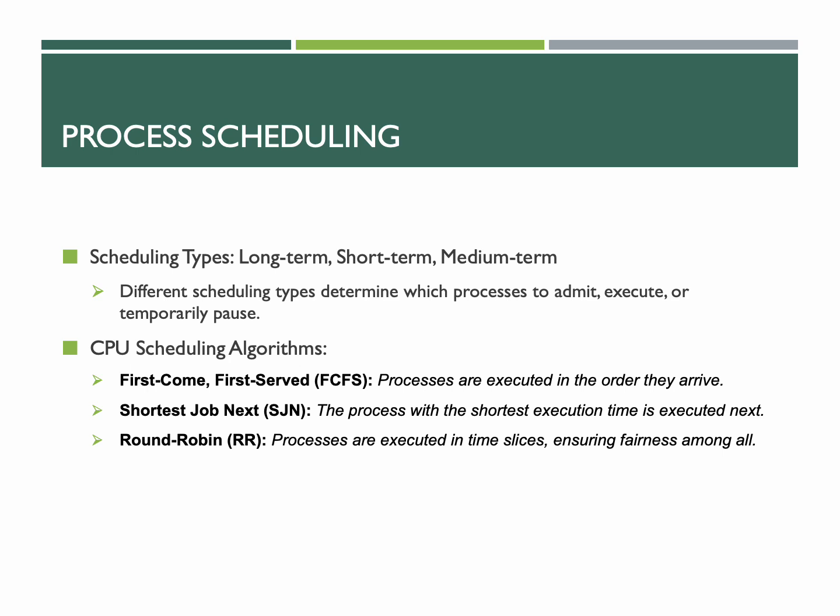Then we have short-term scheduling, which decides which process in the ready queue gets the CPU next. This happens frequently to maintain multitasking. Then third is medium-term scheduling. It temporarily removes processes from memory to optimize resource use, also known as swapping.